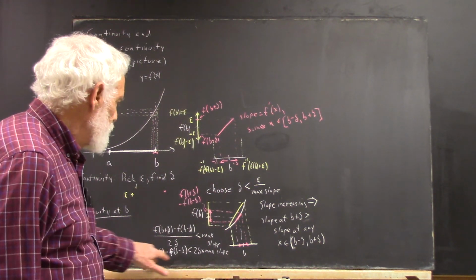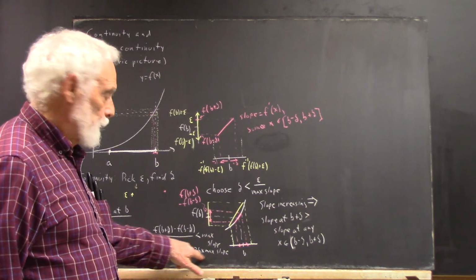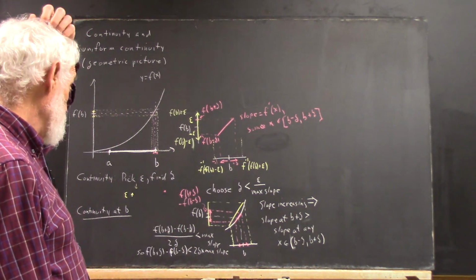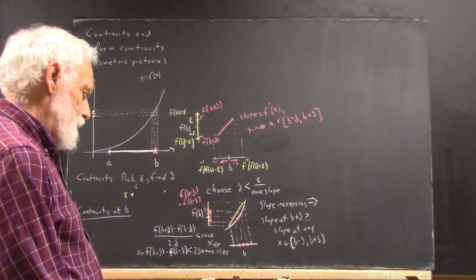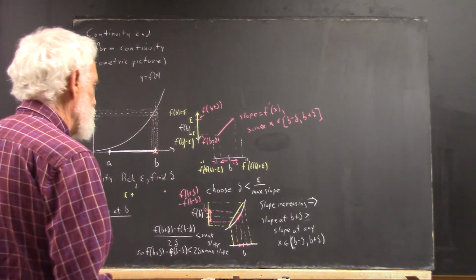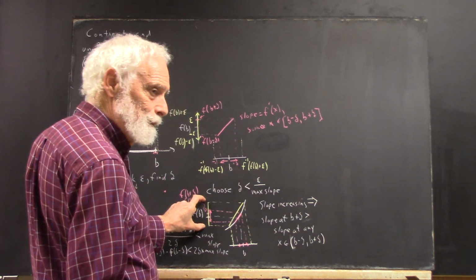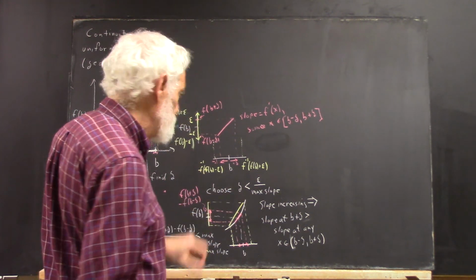Okay, so this minus this is less than or equal to 2 delta times the maximum slope. And the width of this interval is the maximum slope times 2 delta.